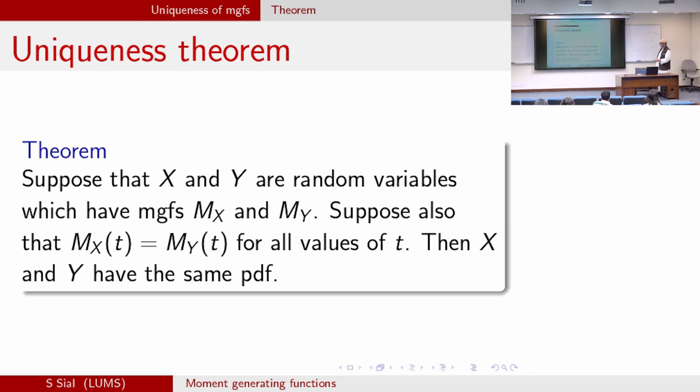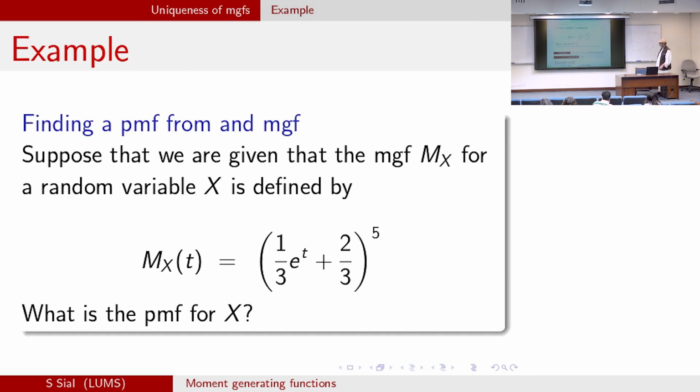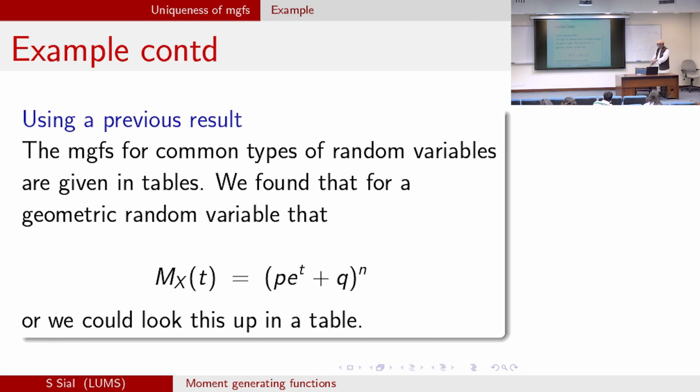As I said, the uniqueness theorem: two different types of random variables don't have the same MGF. So the MGF allows you to identify the random variable. Like I said, this one is for what kind of random variable? Binomial with p equals 1/3, n equals 5.